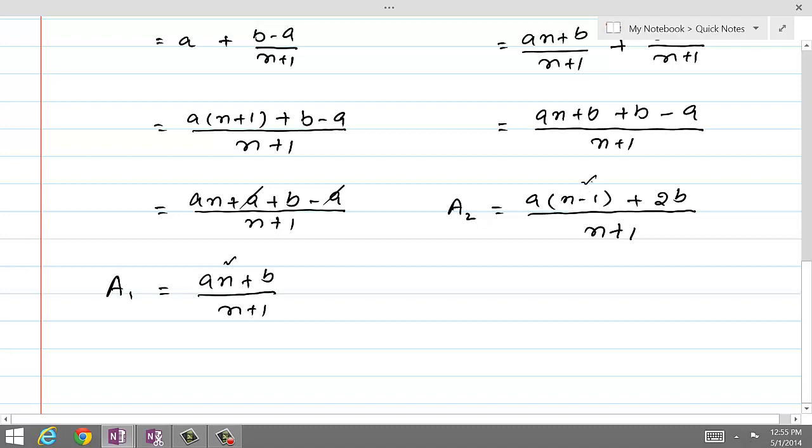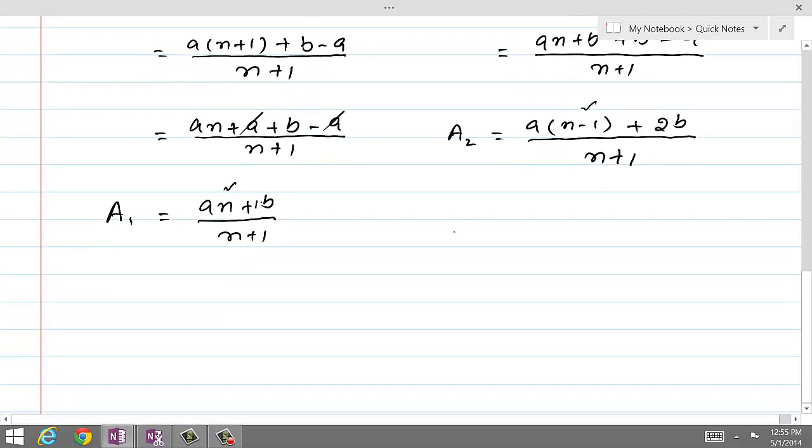So for a3, it would be n minus 2, and it will continue to decrease. But the coefficient of b is increasing. First time it was 1b, then it was 2b. For sure, for the next, a3, it's going to be 3b. And n plus 1 is repeating itself. Therefore, we are going to take advantage of this pattern and write the value of a3.